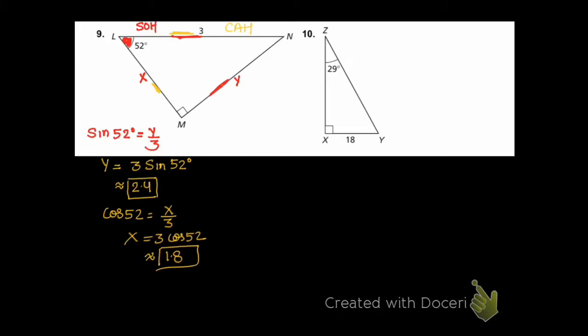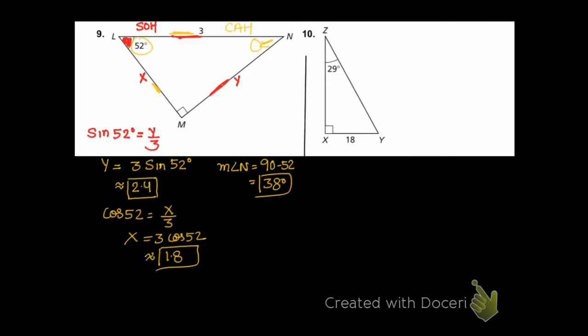Alright, so we solved it for x and y, and once we solve it for x and y, we can solve for the angle. This one is so easy because this one and this one are complementary, so the measurement of the angle is 90 minus 52, that's 38 degrees.